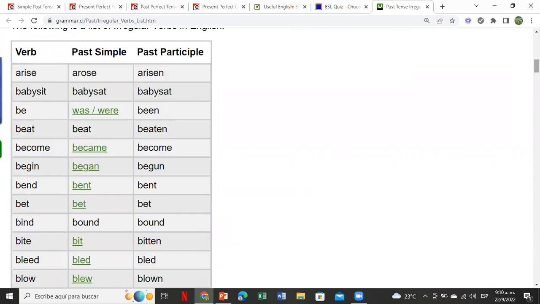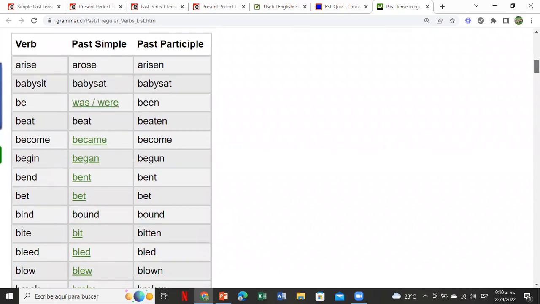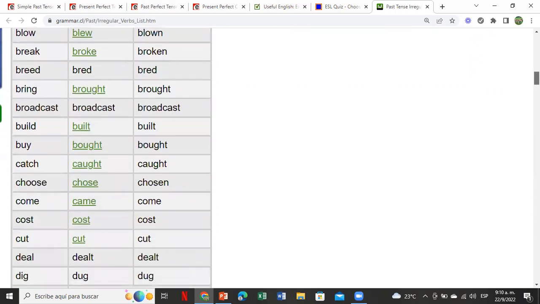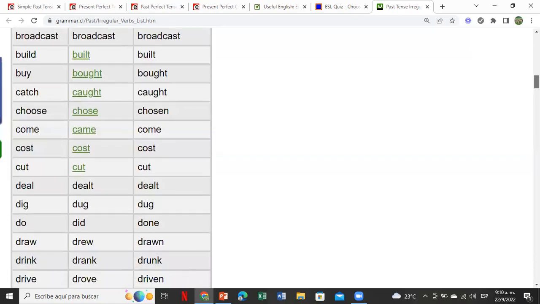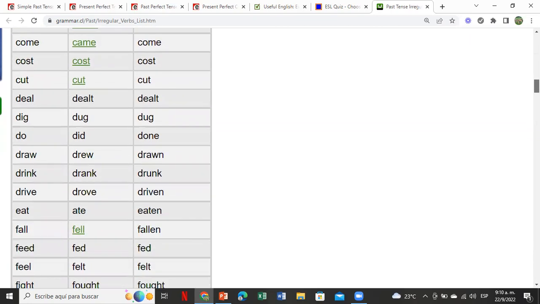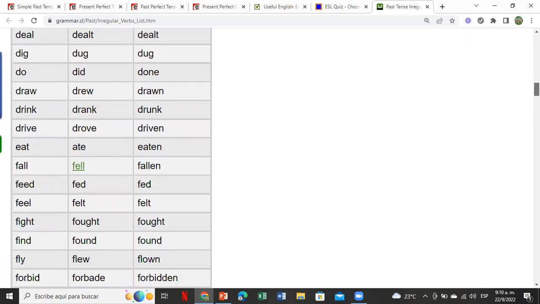¿Cuáles son los past participles? Son siempre los que están en la tercera columna. Observen. Hay algunos, como en el caso de cost, cut o feed, que no cambian en pasado simple.